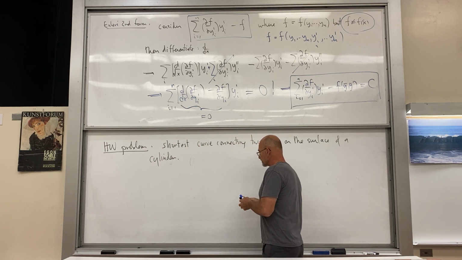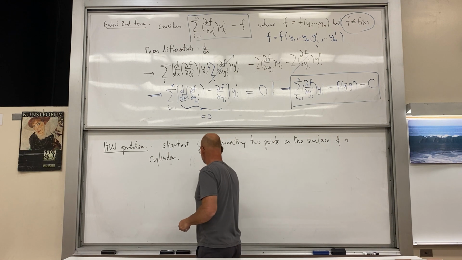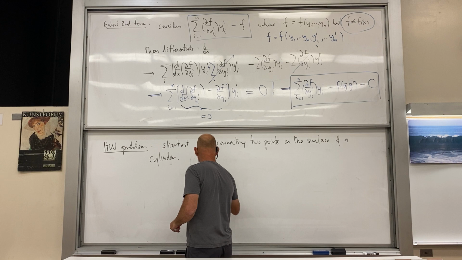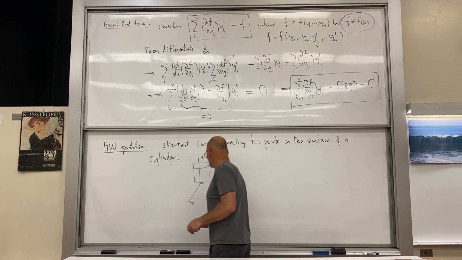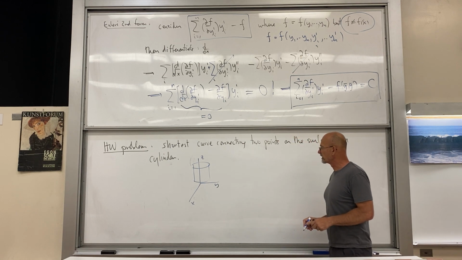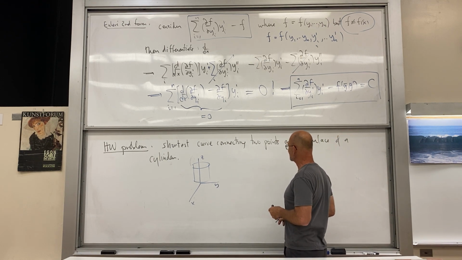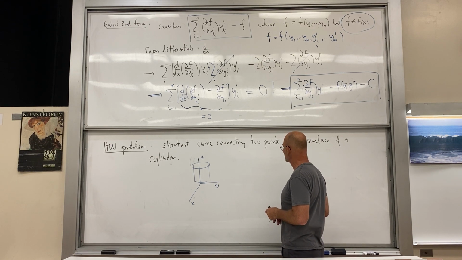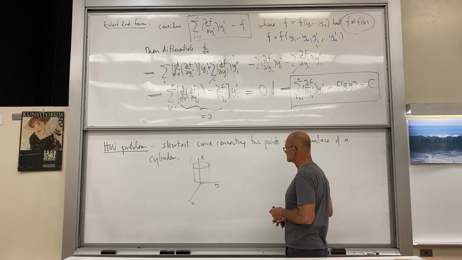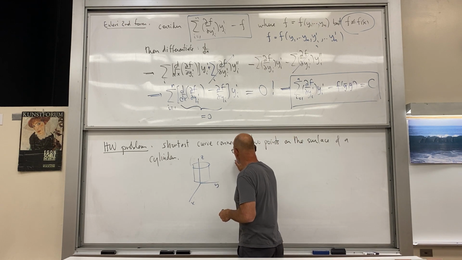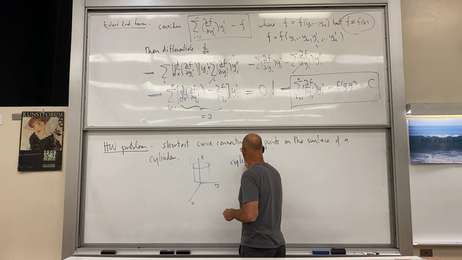So what about the surface of a cylinder? Say we had X, Y, and Z, and there's our cylinder. We need some coordinates for that thing. I would say cylindrical coordinates that we have some familiarity with. So let's go ahead and write that down first.